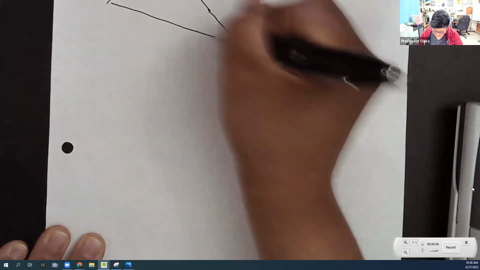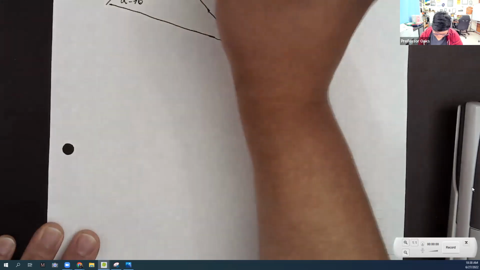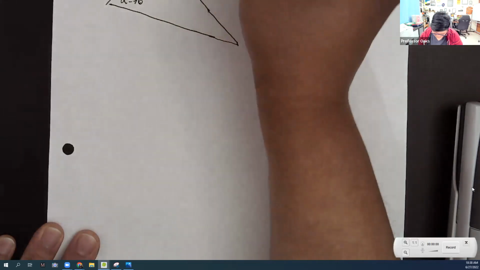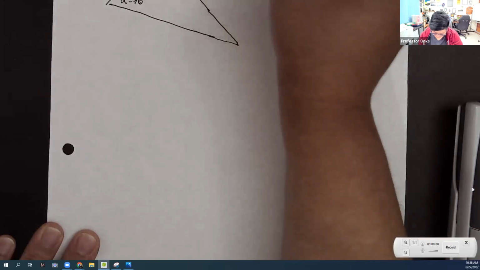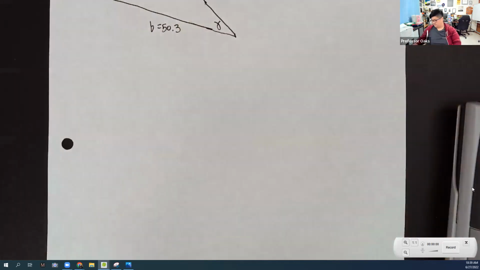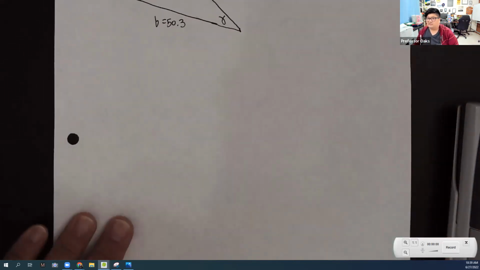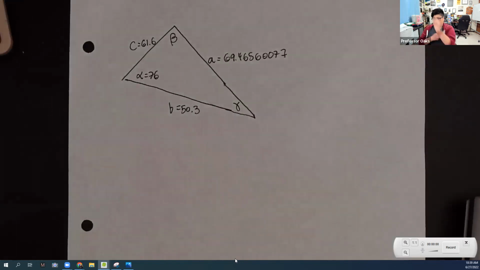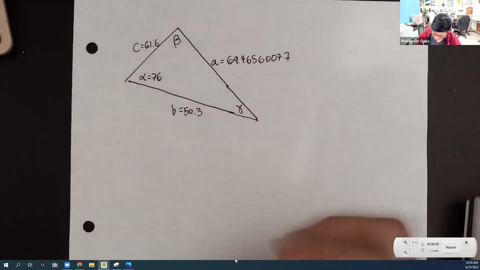So we have that alpha was 76, and then A was 69.465600077, and then the C was 61.6, the B was 50.3, and then we need to find beta and we need to find gamma still. So I just drew that all over again.